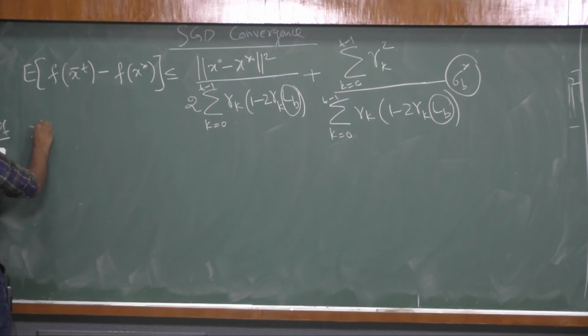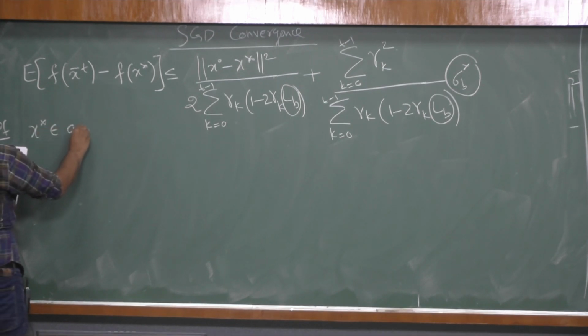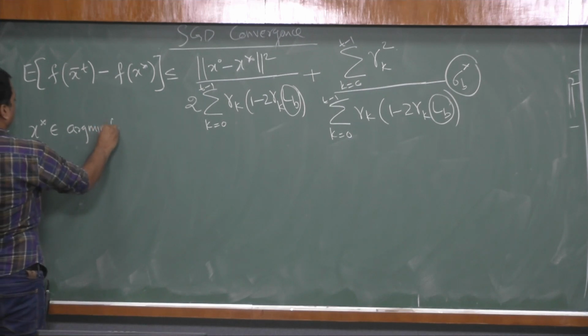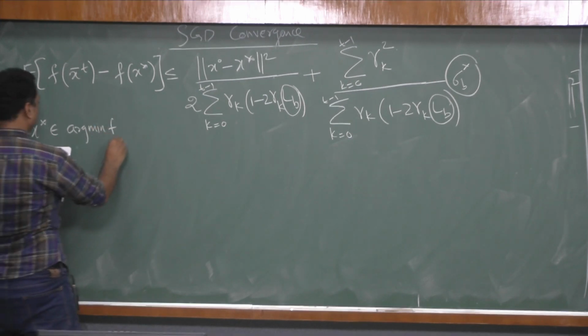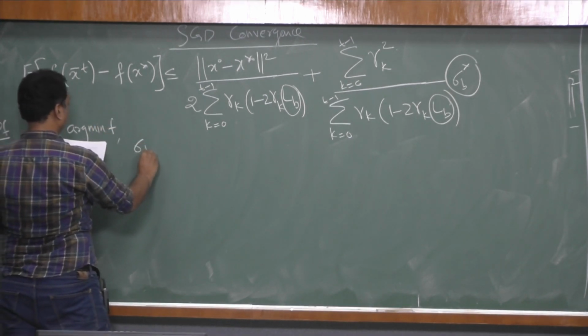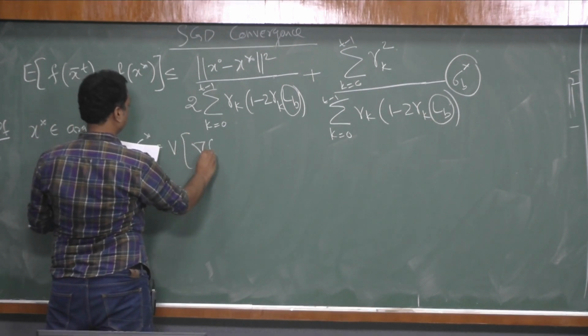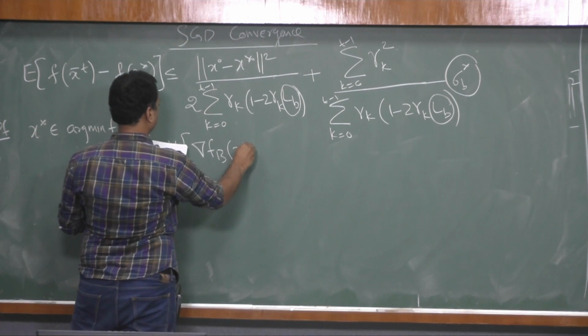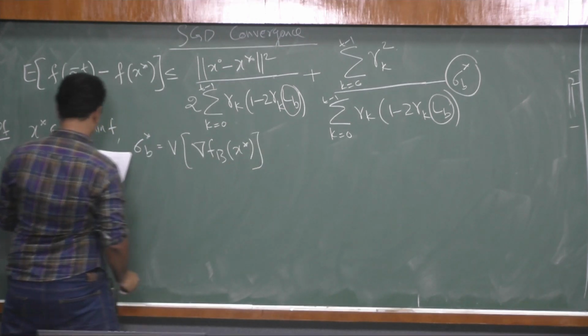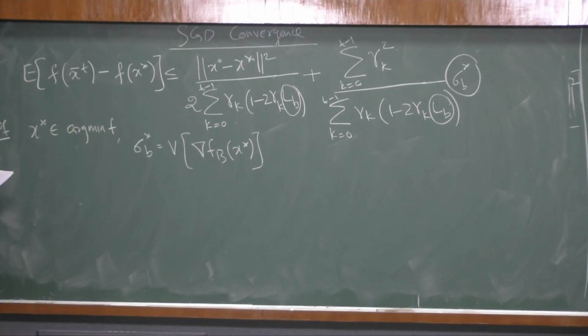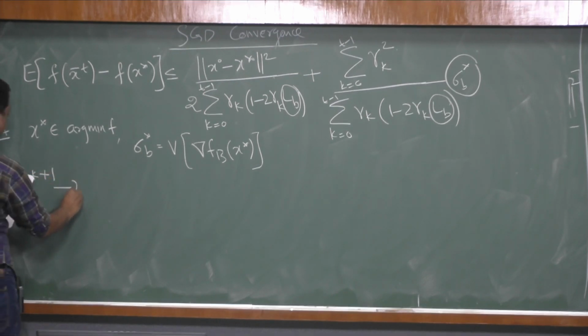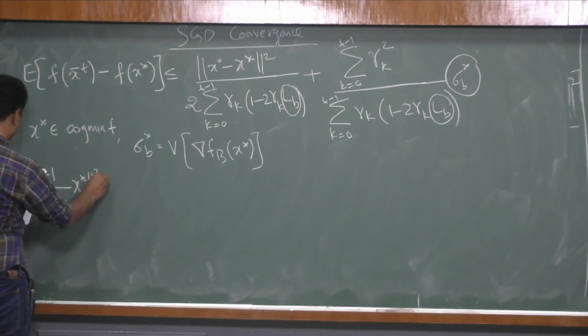So let us, as usual, assume that x star is the argmin of f, and we have sigma star b defined to be the variance of grad f b at x star. Like before, we will start by looking at x_{k+1} minus x star.